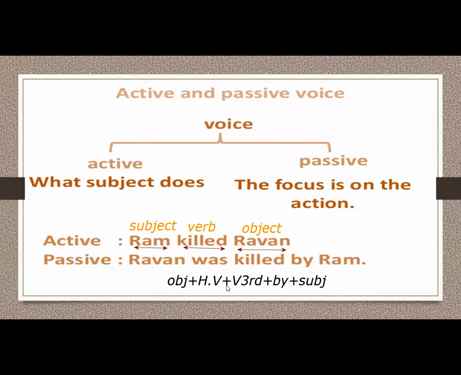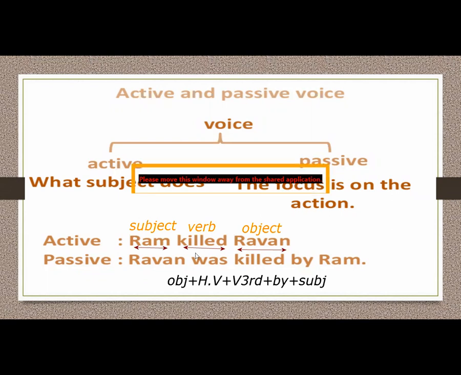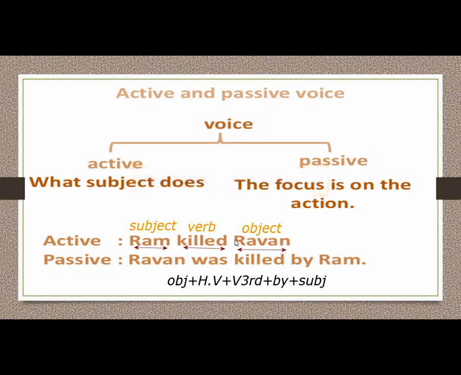In the active, this formula will be changed when going from active to passive. Subject Ram, verb killed, object Ravan. Object was Ravan. Ravan was is the helping verb we choose according to the past indefinite, the auxiliary verbs was and were.